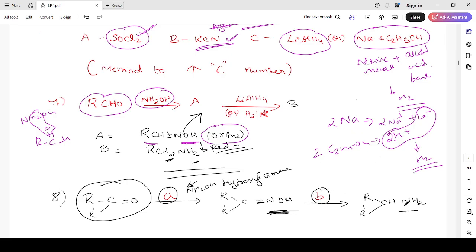To this, I'm adding some reagent to form this amine. Raksham, what should be the reagent? Are you there?